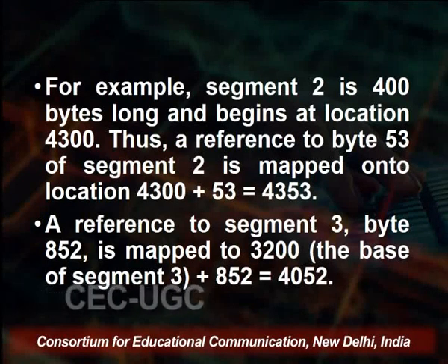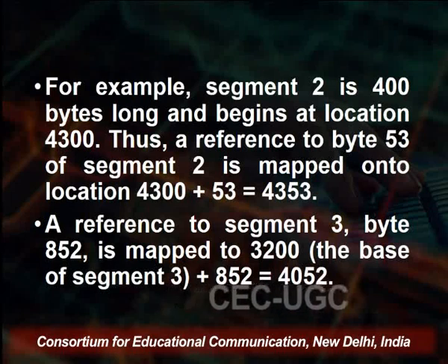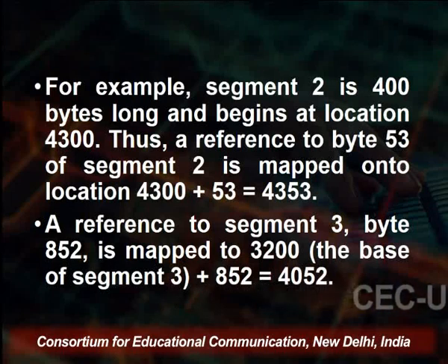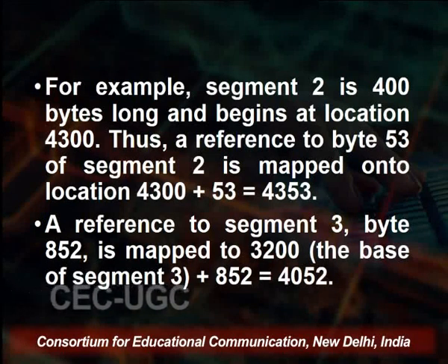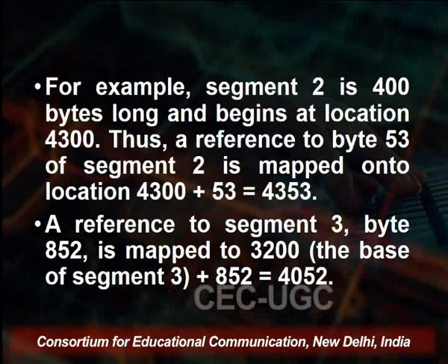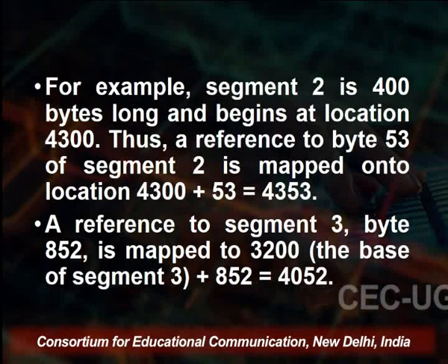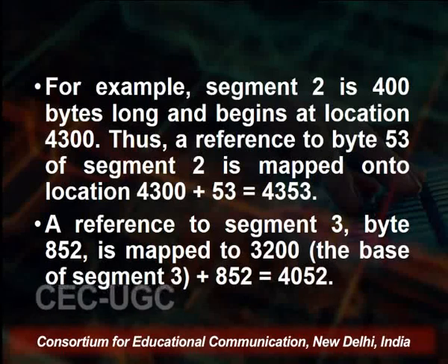Now a reference to byte 852 of segment 3 is mapped to 852 plus the base address of segment 3, which is 3200, making a total of 4052, which is also in the permissible range. Now let's say we make a reference to byte 1222 of segment 0.